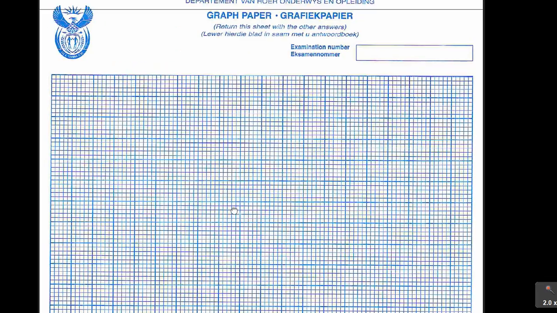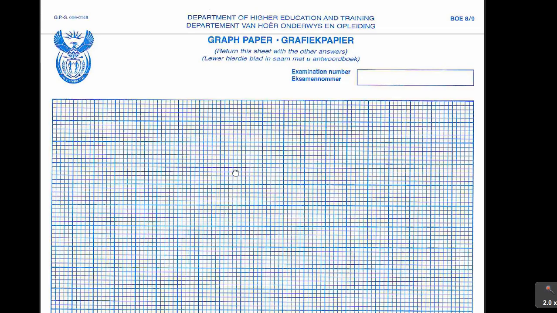Now this is a similar graph paper that you use in your final exam. As you can see, you're writing your examination number and so on. But now if I'm to plot this, you have to understand the limitations sometimes of the computer, but I'm trying to show you how you could have approached that, because that's the similar graph paper you'll be given.